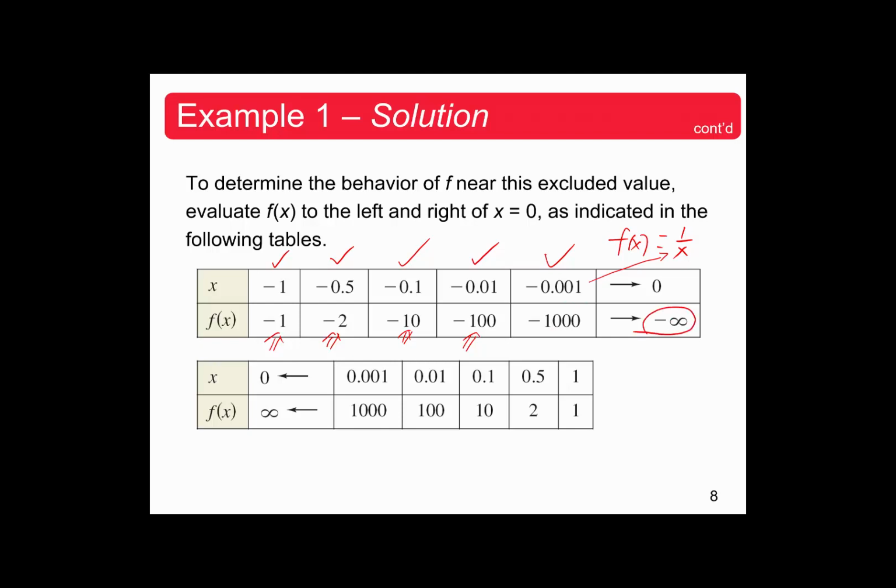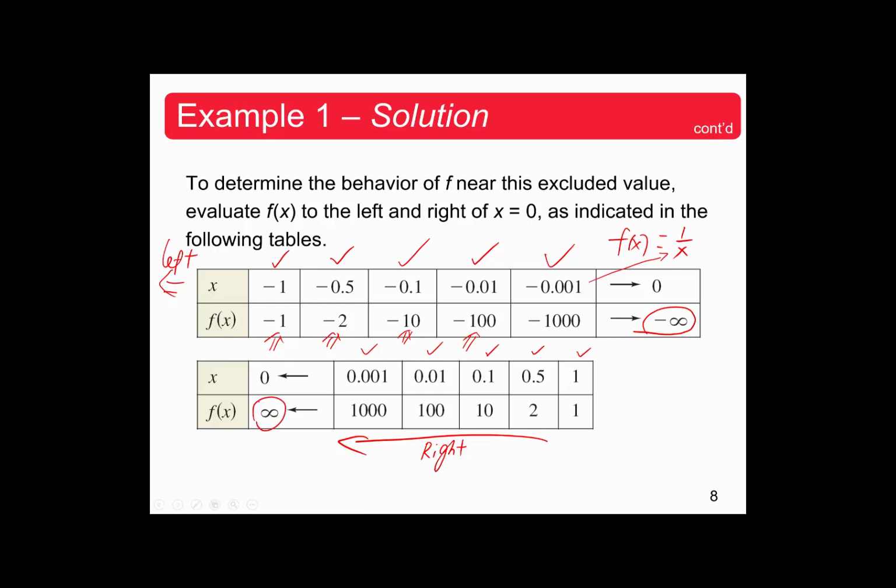On the right-hand side, similarly, you start picking the numbers 1, 0.5, 0.1, 0.01, and 0.001, and find the y values with the corresponding x values. You see a similar trend: when x approaches 0 from the right, f of x approaches positive infinity.